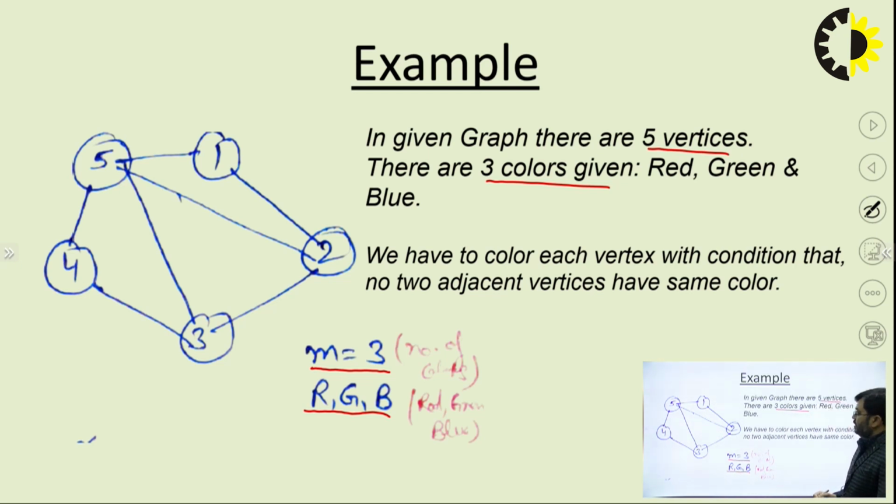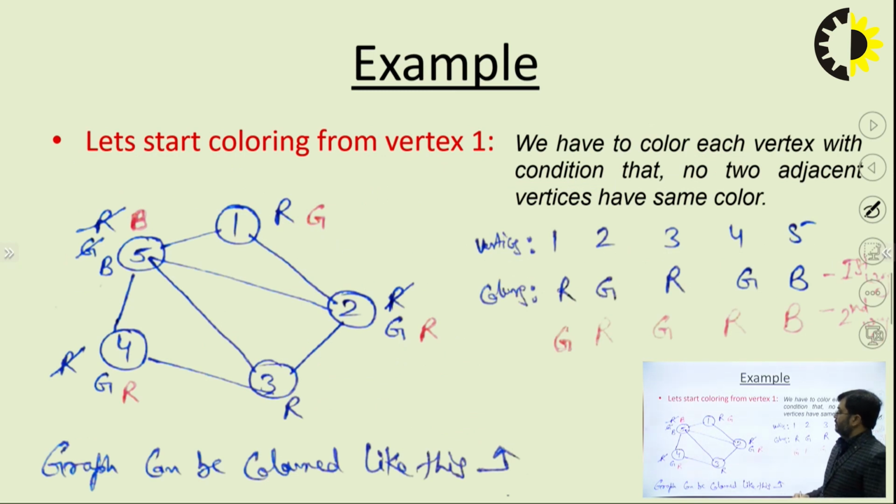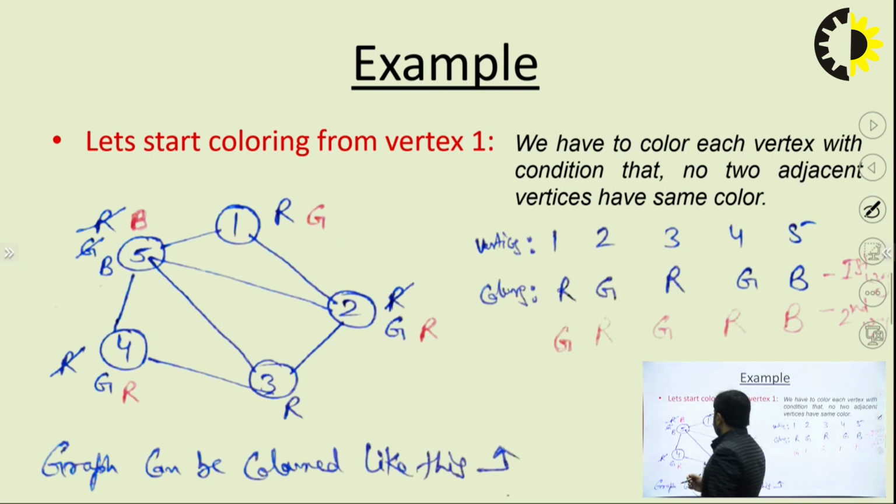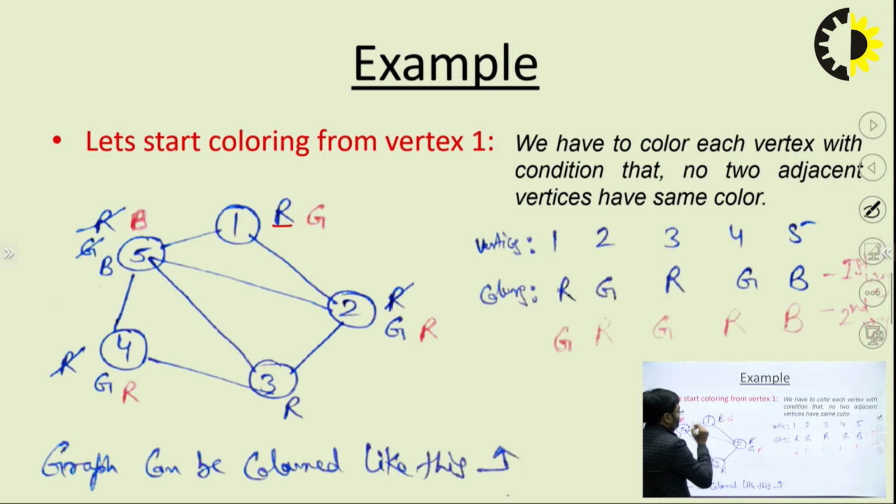Then how to color it? Let us start coloring from vertex 1. If we give vertex 1 red color, then the second vertex is vertex 2, and we have colors R, G and B. As we have given red color to vertex 1, we cannot give red color to vertex 2.